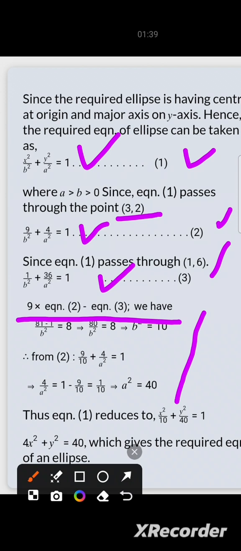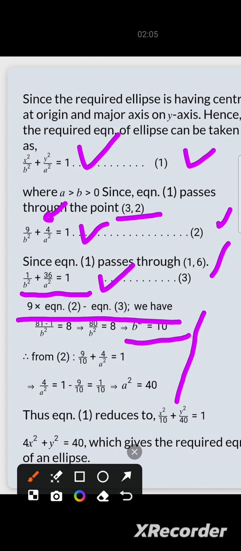So a square will be eliminated. That means this 4 will become 36 by b square, and this is subtracted. So you will get 81 minus 1 by b square is equal to 8, which implies that b square is 10.